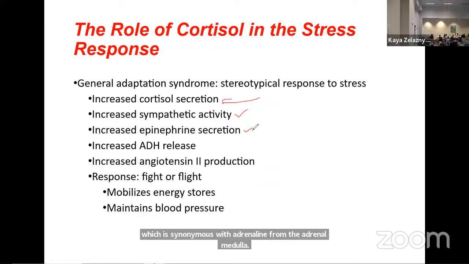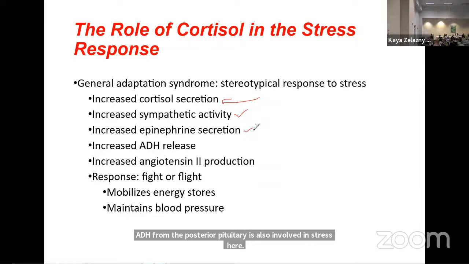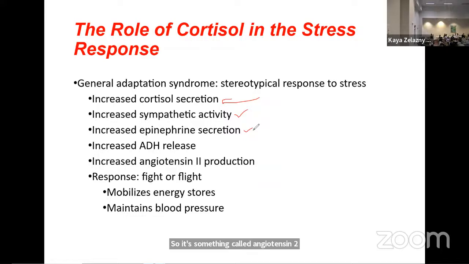There are even some other hormones we'd be releasing. So ADH from the posterior pituitary is also involved in stress here. So is something called angiotensin 2. Our overall kind of action of all of these is to mobilize energy stores to make ATP. Right? So we're breaking everything down that we can for energy.